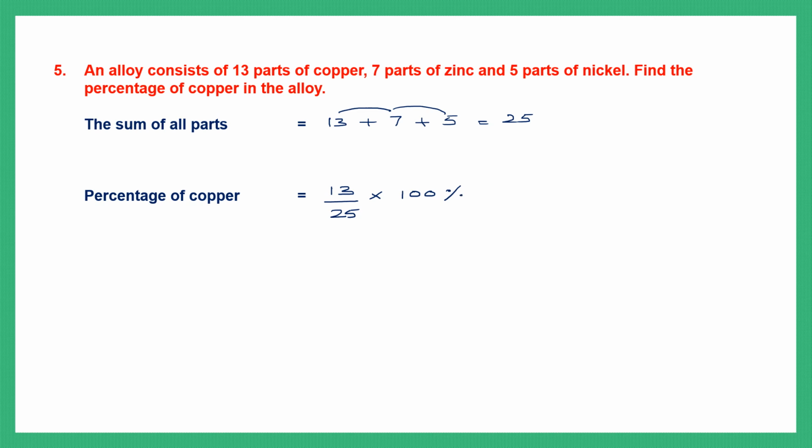I can cancel 25 and 100. 25 ones are 25, 25 fours are 100. Now all we have to do is simply multiply the numerators. 13 into 4 is 52. So the percentage of copper is 52%. So that is the answer. Percentage of copper in the alloy is 52%.